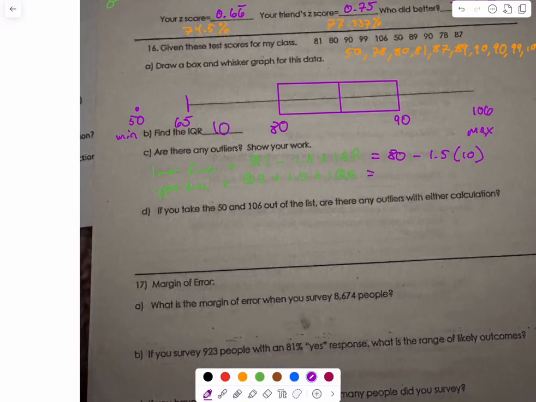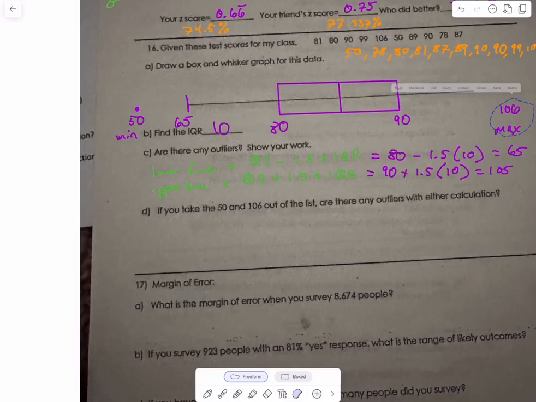So in this instance, that would be the 90 plus 1.5 times 10. 15 is the 105. And this one was 65. So we got this as an outlier. This here is 105. This is an outlier.